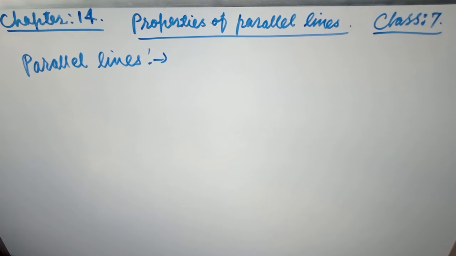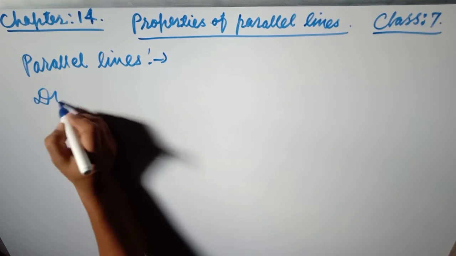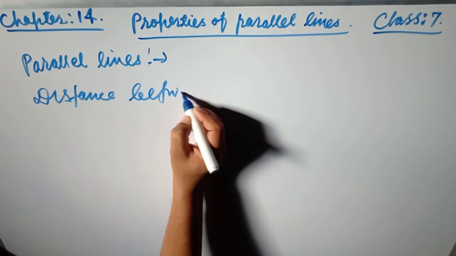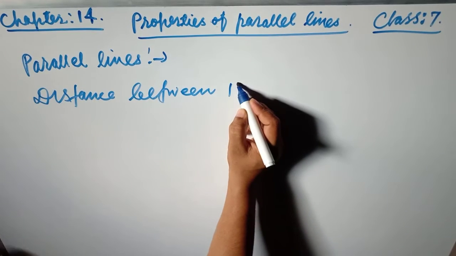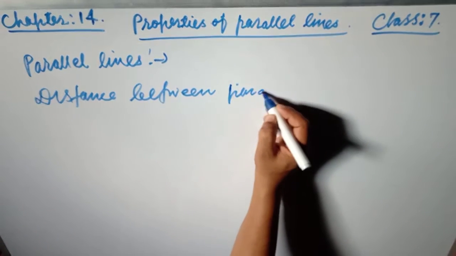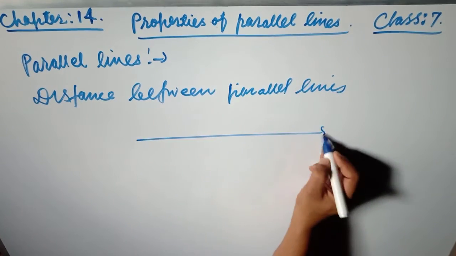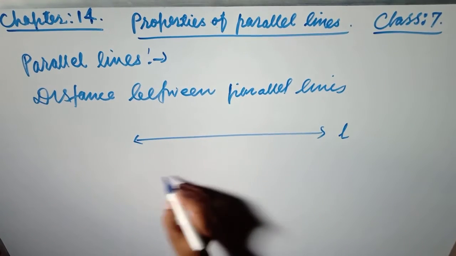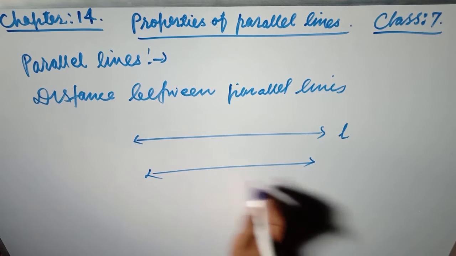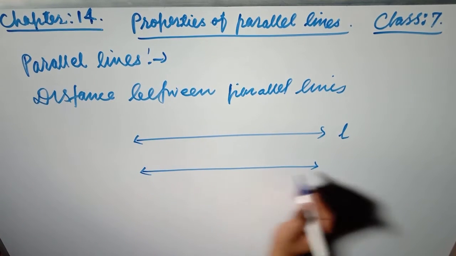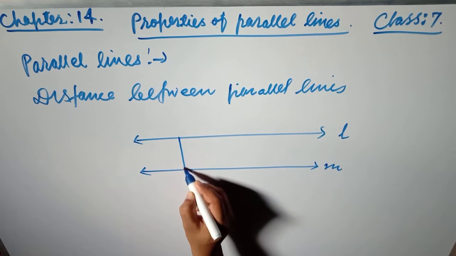Now friends, second, distance between parallel lines. Look at friends, this is the line L and the other line M. The distance between them is constant.